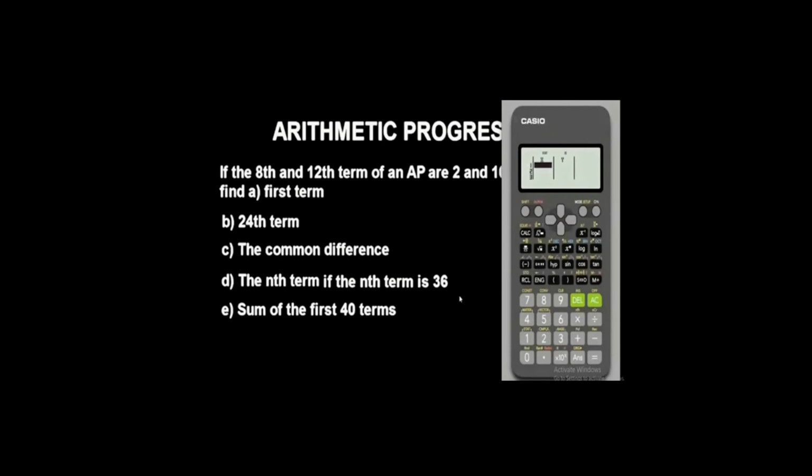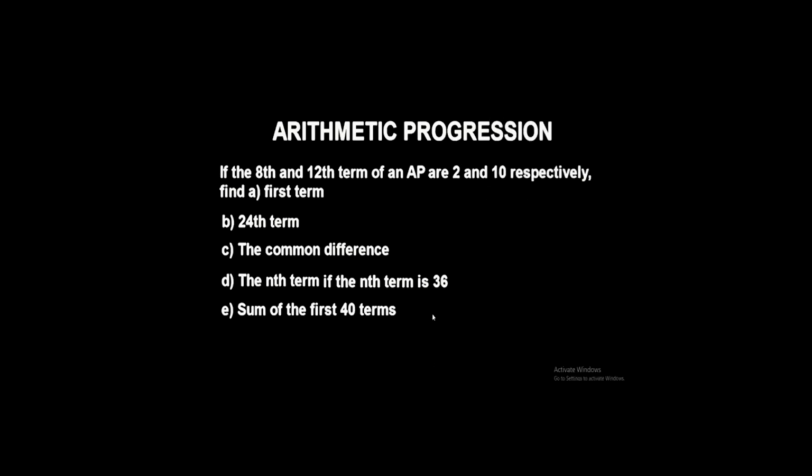Let's input the values. So our x values will be our 8th and 12th term, whereas our y values will be what the 8th and 12th terms are in the question. So the 8th term is 2, press equal to, and the 12th term is 10, guys, this 10 here.